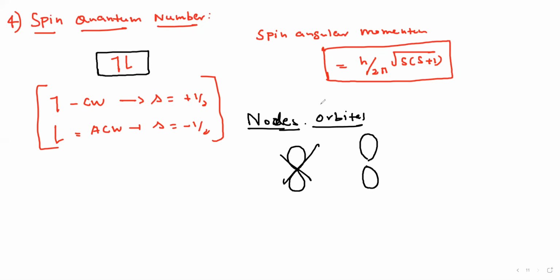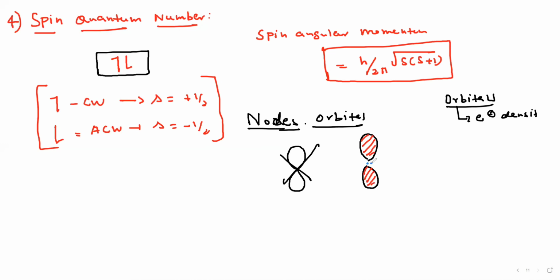Now see, what is an orbital? First you have to understand. An orbital is nothing but electron density. This full region is electron density. Now see this point, this point.